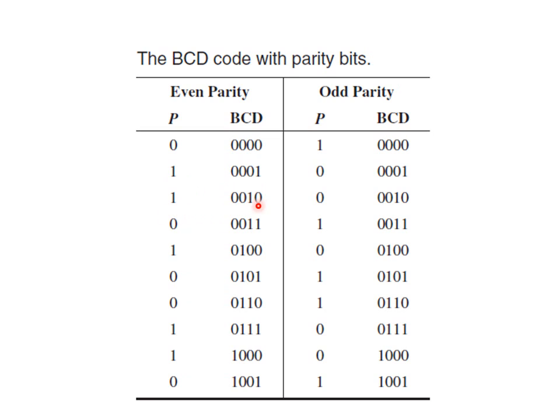Similarly, 0010, its even parity is 1, since the total number of ones is even. Here even parity is 0 since it already has an even number of ones, so only 0 is added. And so on. For example, here there are 3 ones, and to make the number even, bit 1 is added, and it becomes an even number of ones.